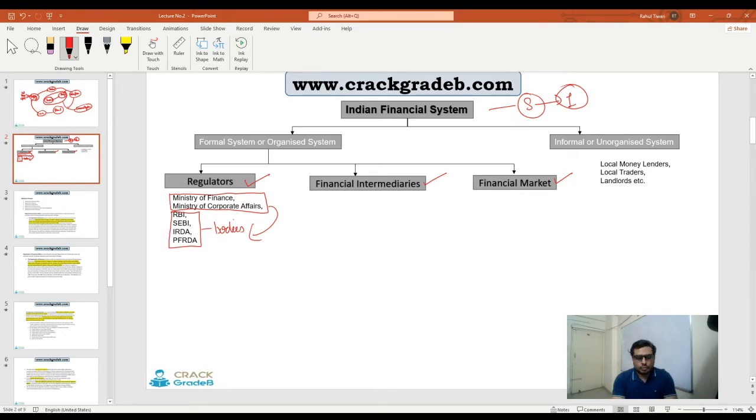And these two ministries are very important, especially the Ministry of Finance, right? So it is very important to understand the role, power and function of the finance ministry, and how they are impacting our financial system. The Ministry of Finance is one of the most important ministries of the Government of India.